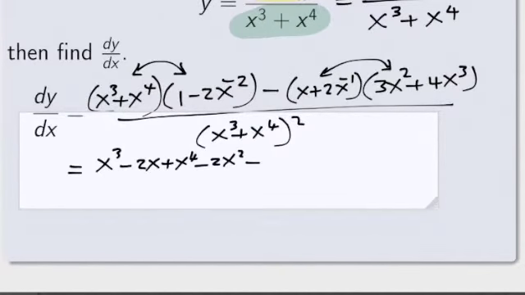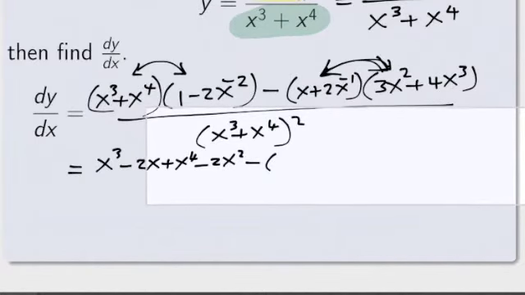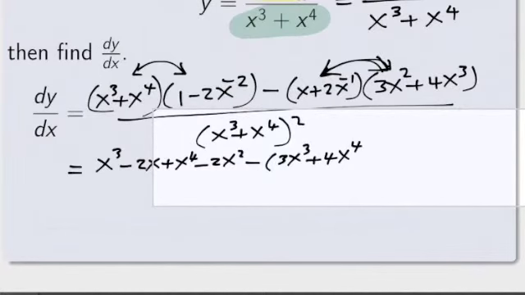Minus, we'll expand these two brackets. So x multiplied by 3x squared will give us 3x cubed. x multiplied by 4x cubed will give us plus 4x raised to the power 4. 2x raised to the power minus 1 multiplied by 3x squared will give us 6x. 2x raised to the power minus 1 multiplied by 4x cubed will give us plus 8x squared.